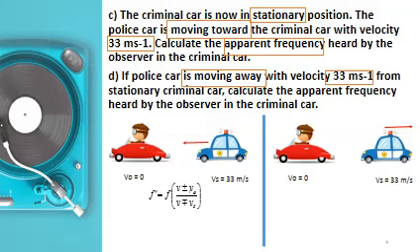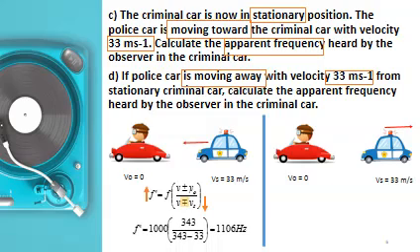So what do you think the observer will hear if there is a source moving towards him? Of course, he will hear a higher frequency. To get a higher frequency, the denominator must be smaller. To have the smallest denominator, your vs must be negative.